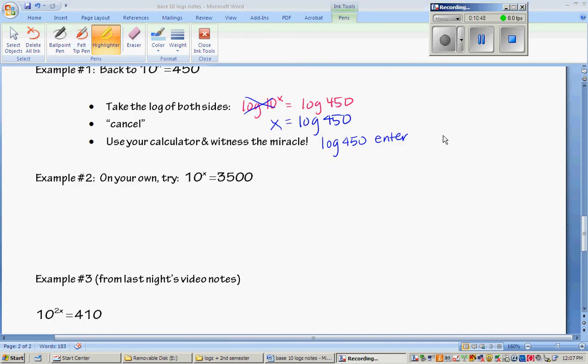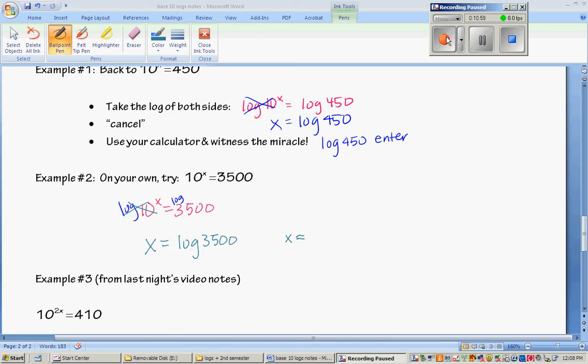That's all you do to get the answer. So try an example 2 on your own. Hit pause and the answer is going to reveal itself. Okay, all you have to do is hit log 3500 and you're going to get that x is approximately 3.544. That is not that bad.